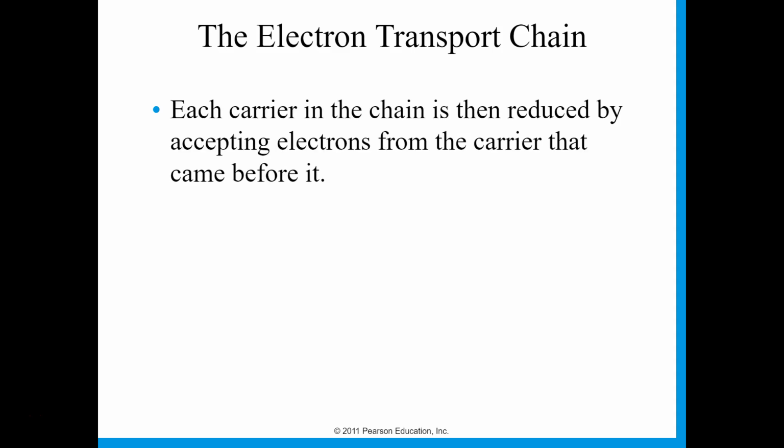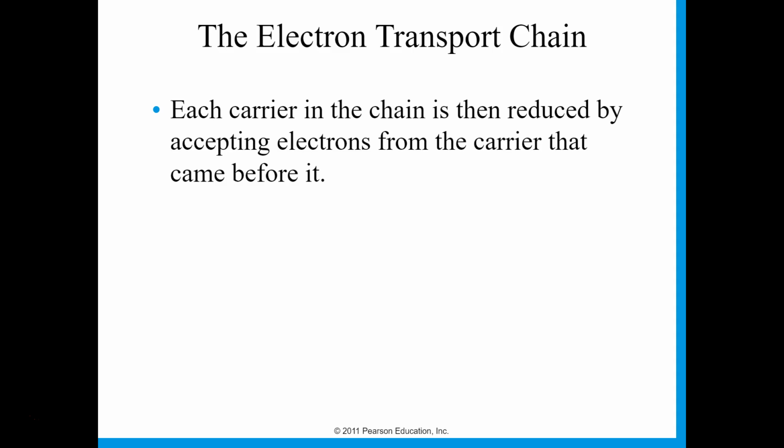Each carrier in the chain is reduced by electrons from the carrier that came before it. What's happening is NADH, well, we won't think about FADH2. We're just going to think about NADH right now, but FADH2 is here too. It's bringing those electrons that it got from the glucose molecule, in most cases, or from the Krebs cycle, which is just a later derivative of glycolysis.